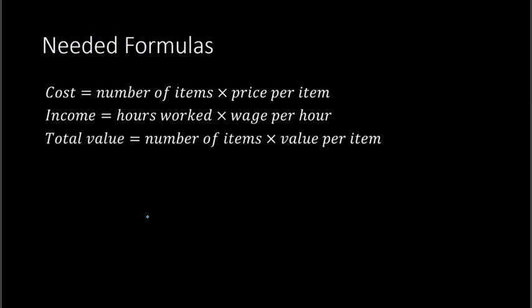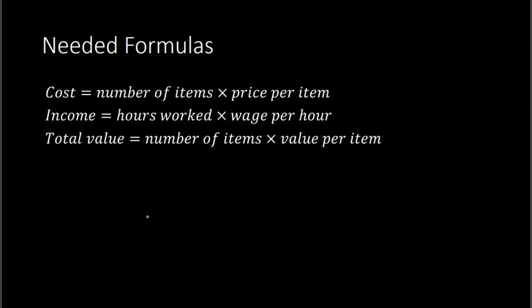The third formula is for total value. This is kind of the same as the cost formula. You have your number of items times your value per item. Let's say you have a warehouse with shoes, and you want to know how much your shoes are worth.